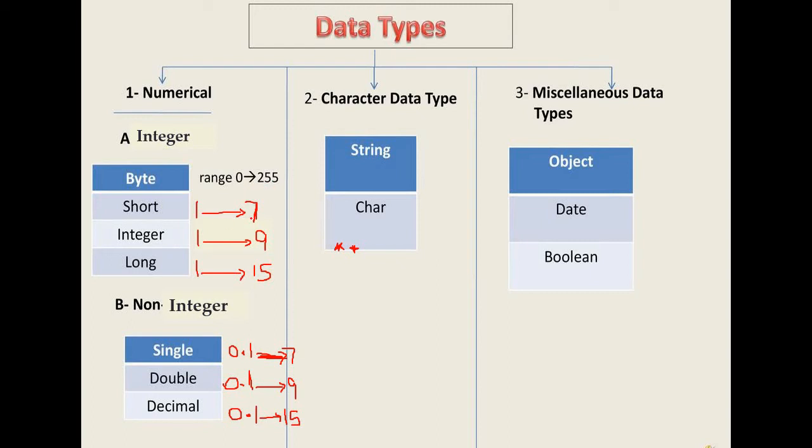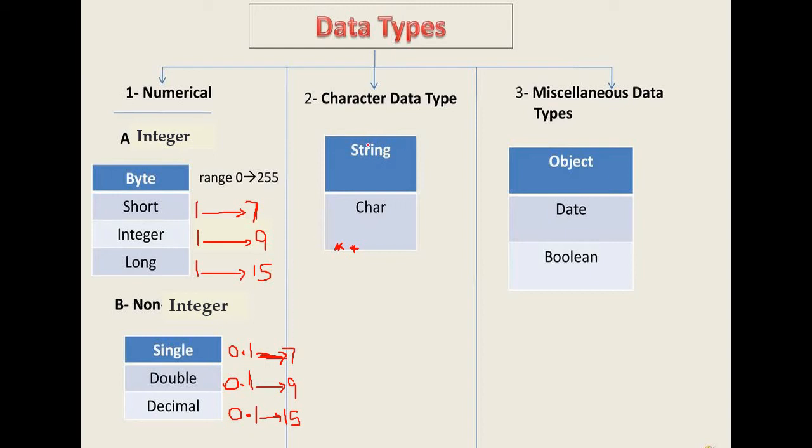The short is till 7 digits. I can enter 1, 2, 3, 4, 5, 6, 7 only. Stop, not more. The same for integer, from 1 digit to 9 digits. Long is till 15 digits. And the non-integer types are the same, but after the dot that refers to the decimal point in the non-integer numbers.